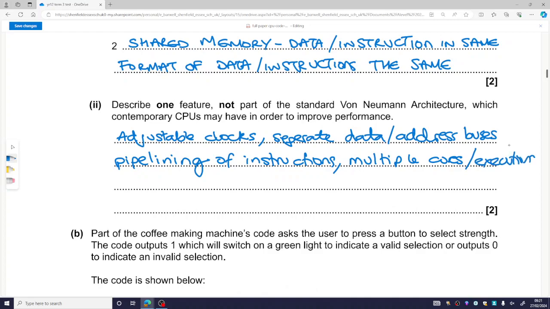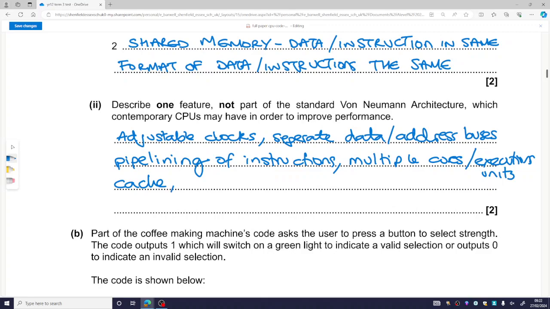That's not going to fit. Well, it might do. What's the other thing? So we've got messing about with the clocks, multiple cores. There's one more main one, but you don't get it on the von Neumann. Yeah, cache. If they say give 3 things that improve performance, don't say level 1 cache, level 2 cache, and level 3 cache, because it's all the same thing. Cache.